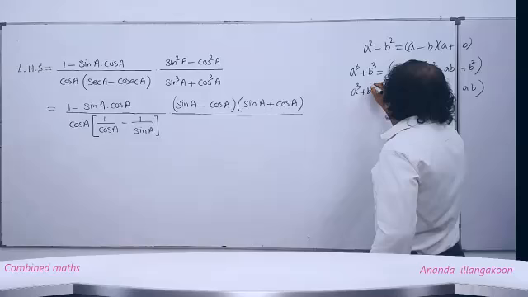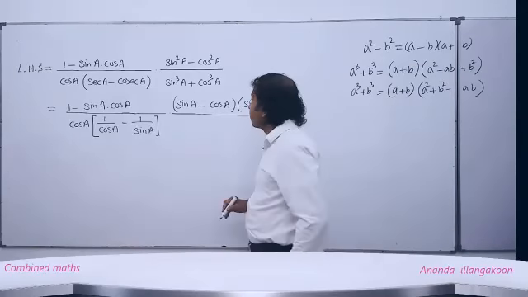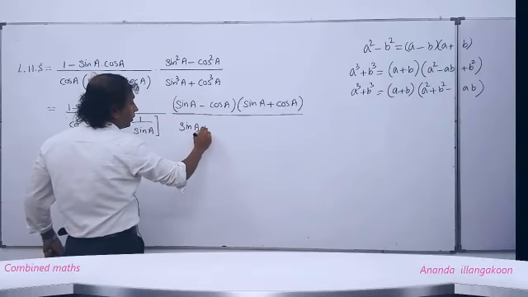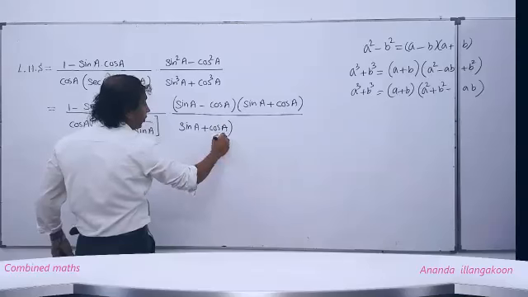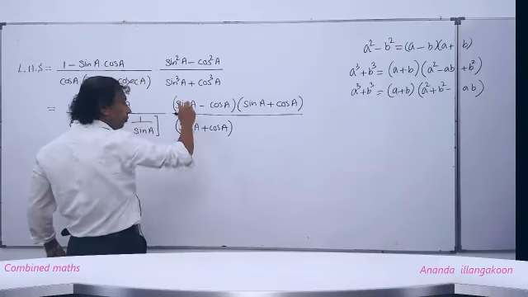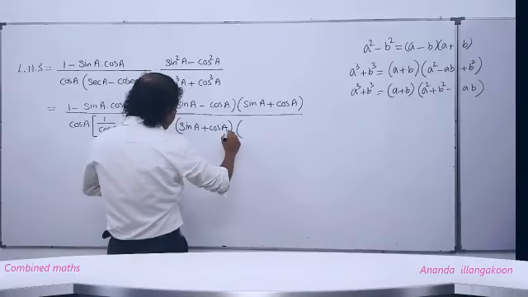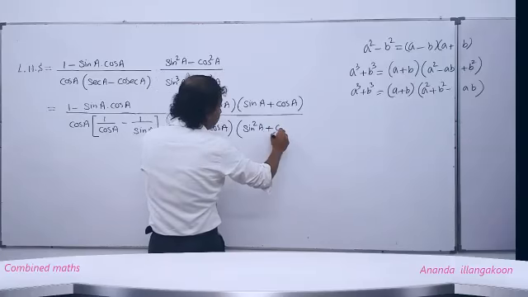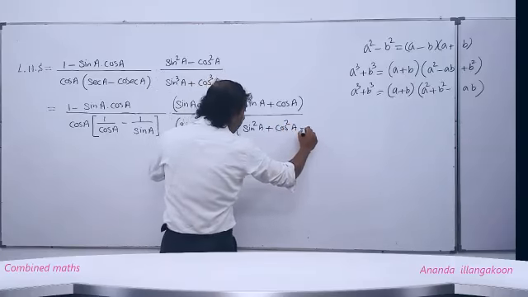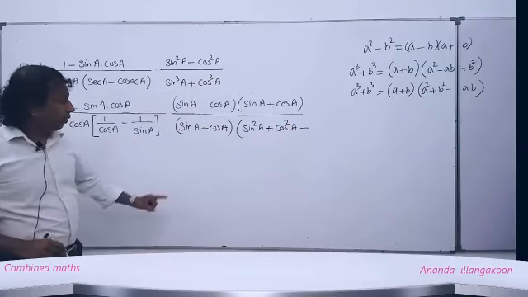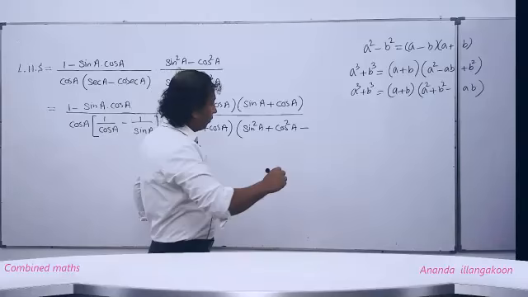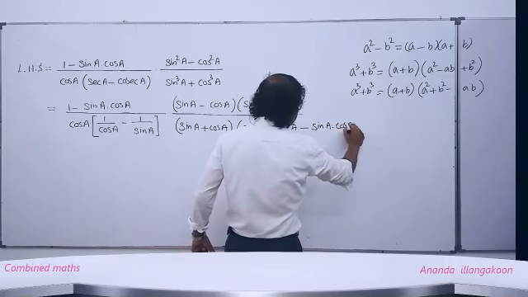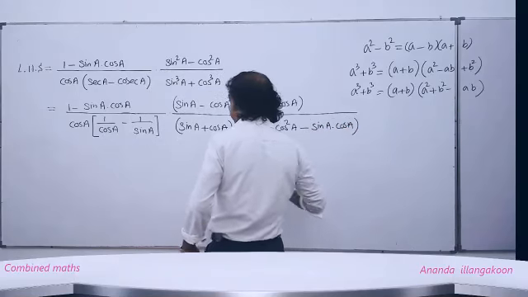Then here I can write that sin A plus cos A, ignoring these powers, then square of this plus square of this minus product of these two, sin A cos A. Right?